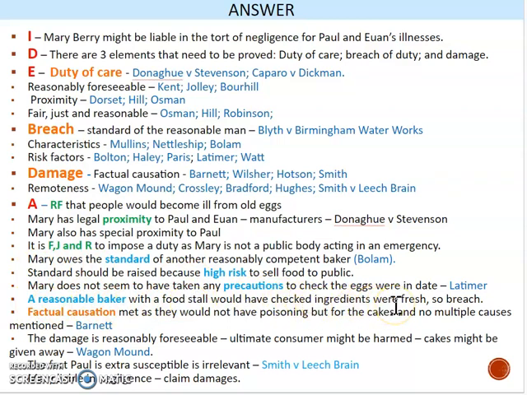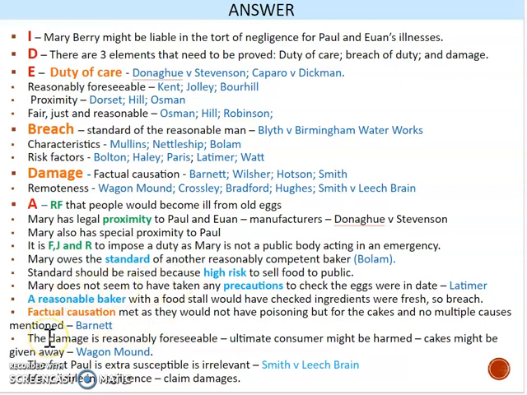So on that basis, it seems that she's breached her duty. It also seems that we meet factual causation because our characters, Paul and Ewan, would not have been poisoned but for the cakes being eaten, and there are no multiple causes mentioned. You know, there's no other explanation in the scenario saying that there could have been something else that caused them to be ill.